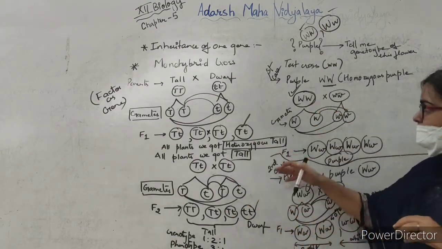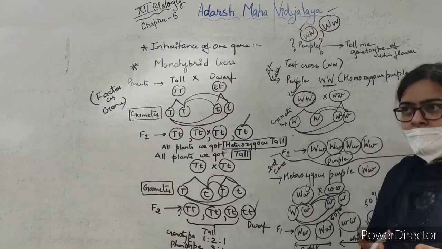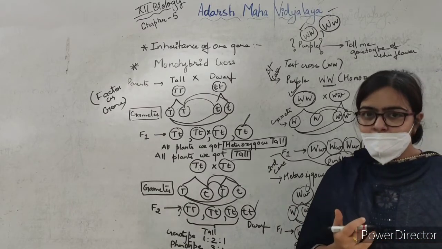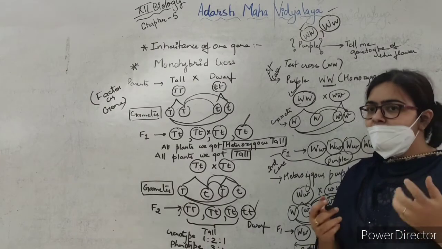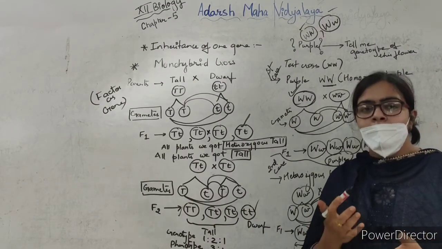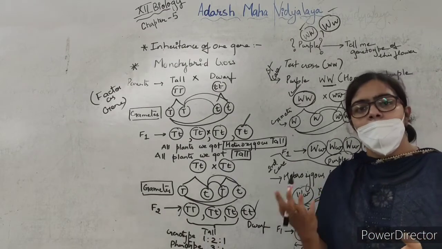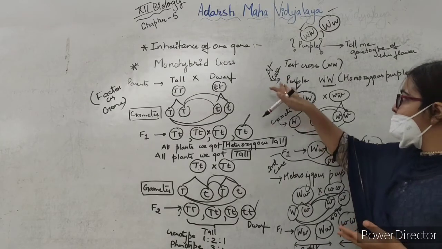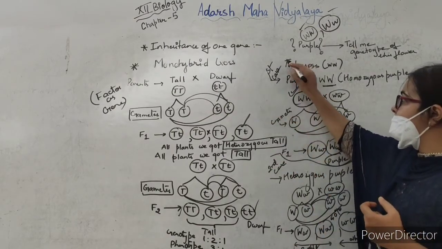Okay, now suppose I gave you a flower which is purple in color, so it can be homozygous purple or it can be heterozygous purple. Now I told you to do an experiment and find out whether the genotype of the given flower is heterozygous purple or homozygous purple. To find out the genotype of the unknown flower, you will do a test cross.